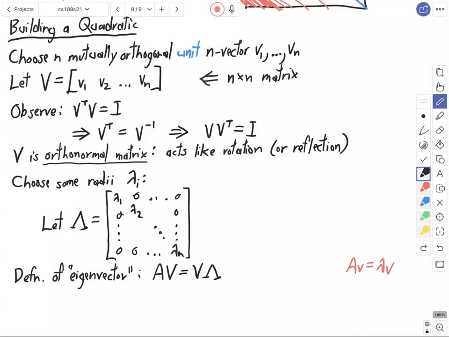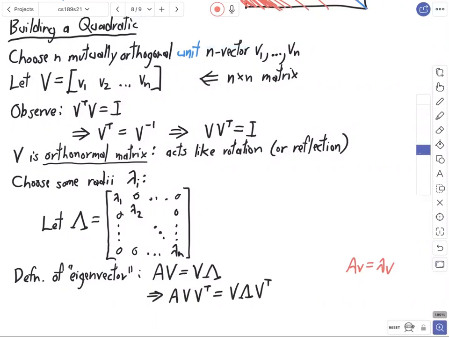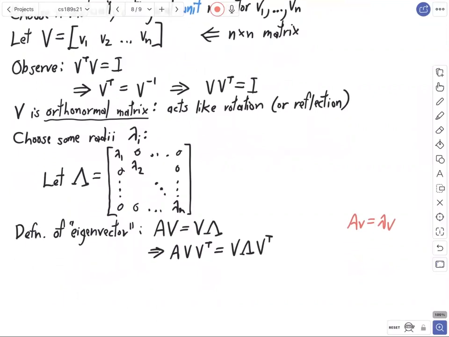Once you've got this way of writing it, notice that if you post multiply both of these by V transpose, then those must still be equal. And that leads us to a very important theorem.